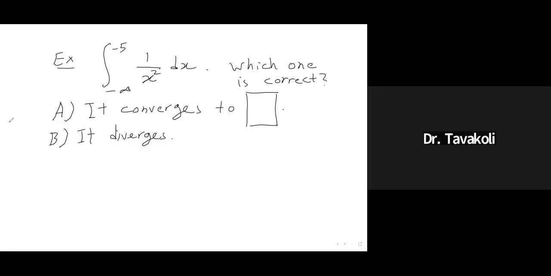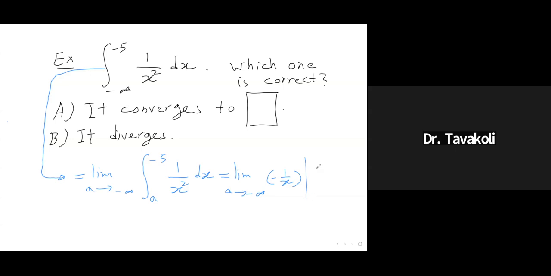So this integral, by definition, is equal to what? The limit as a tends to minus infinity of the integral from a to minus 5 of 1 over x squared dx. The antiderivative of 1 over x squared, as you have seen in Calc 1, is minus 1 over x.